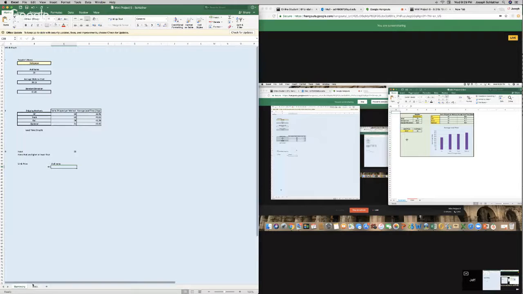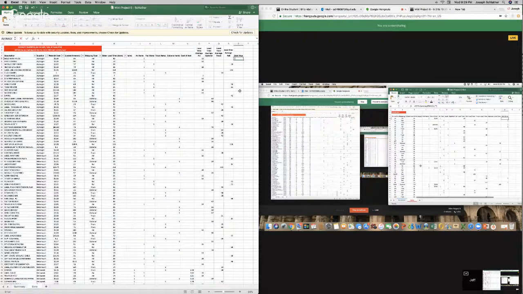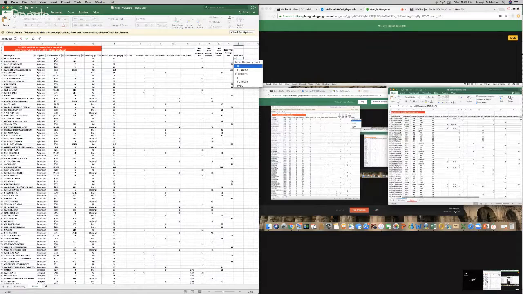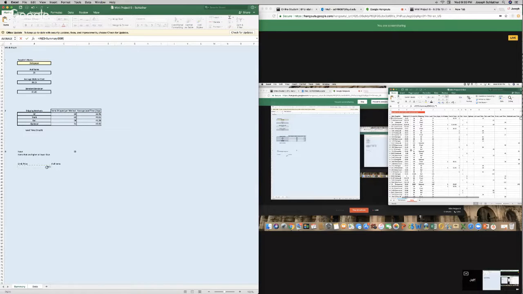Okay, I'll do like 950. So equals if the price, right? The material cost. Equals if material cost is greater than this.